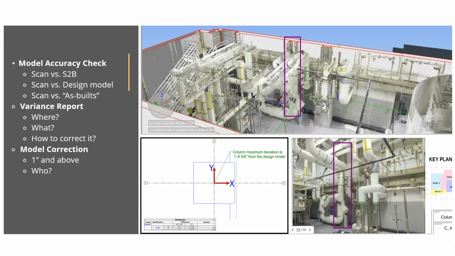So what we typically do is review the report with the design team and ask their help to correct the major discrepancies. In this particular case, because we were verifying the accuracy of scan-to-beam models, Solidspace helped us to fix the major discrepancies.